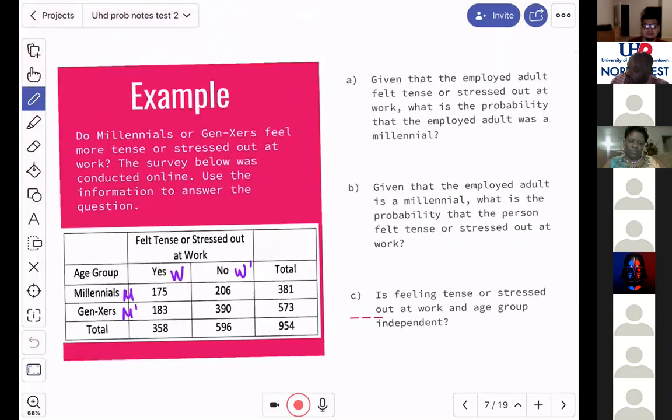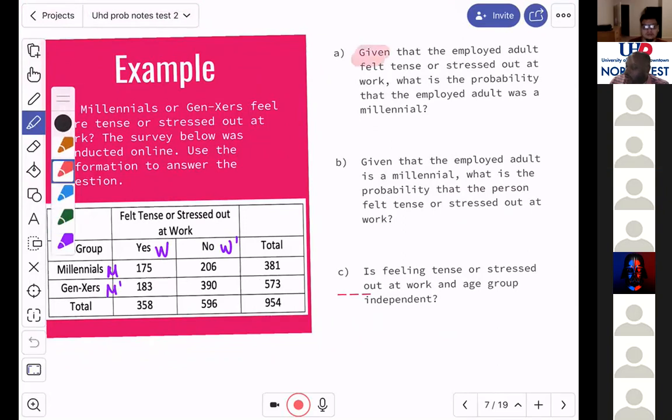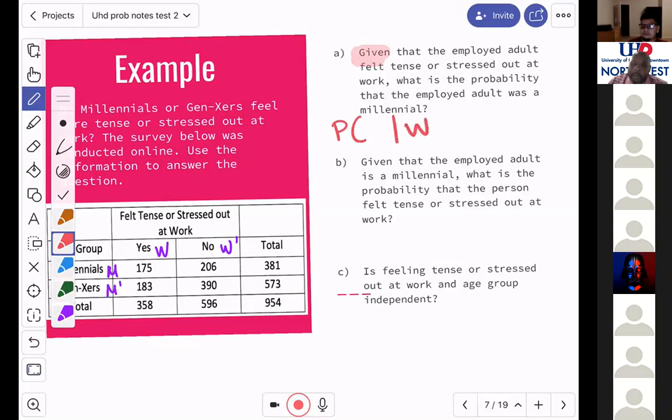First one says, given that the employed adult felt tense or stressed out at work. So where am I looking for that? W. The given here tells me to look at W. Given W, what is the probability the employed adult was a millennial?